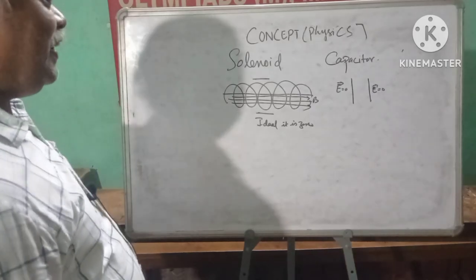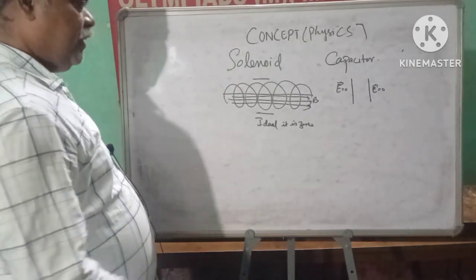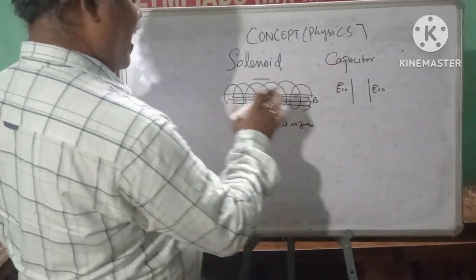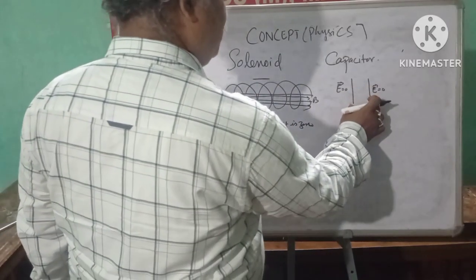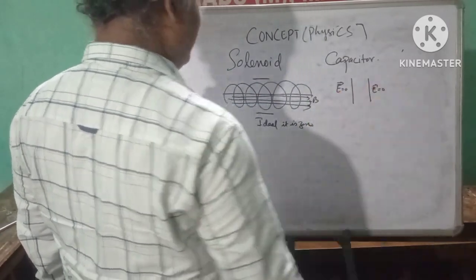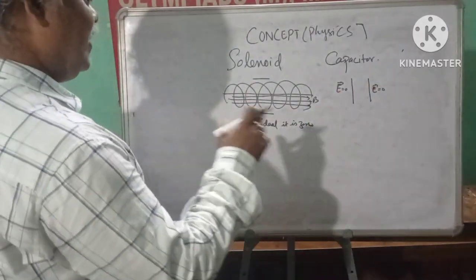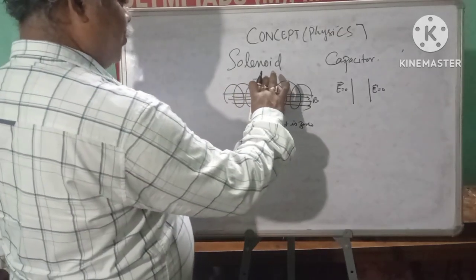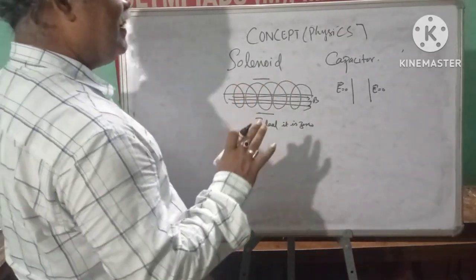So the concept here is simple. In a solenoid, like in a parallel plate capacitor where the electric field outside the plate is 0, outside the solenoid your magnetic field is ideally 0.